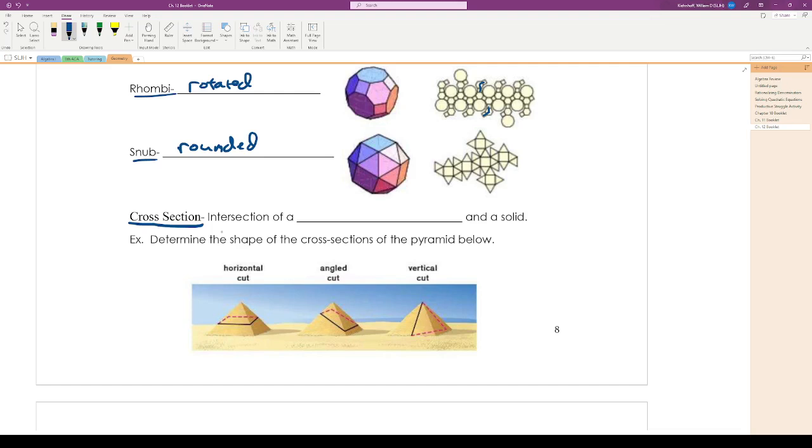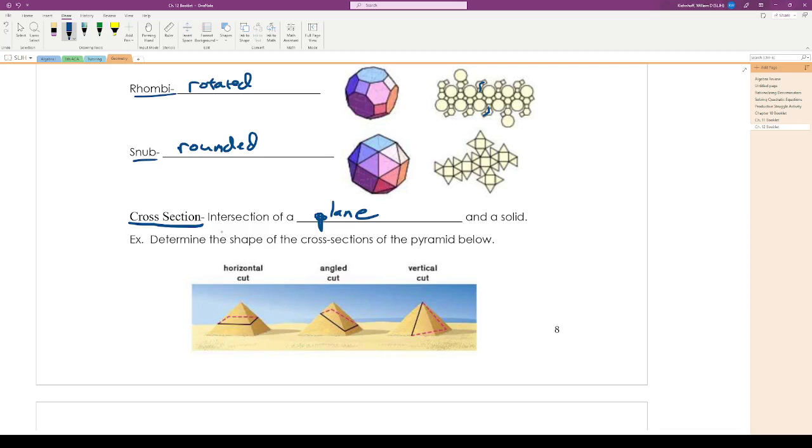So a cross-section is the intersection of a plane with a solid. And if you have ever seen engineering drawings, a lot of times we have cross-section views to show you kind of what's going on inside of a part, or to show you a kind of view of things that are cylindrical or solid that you can't really see into normally.